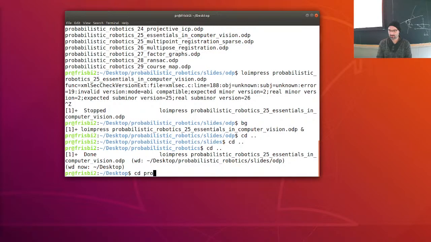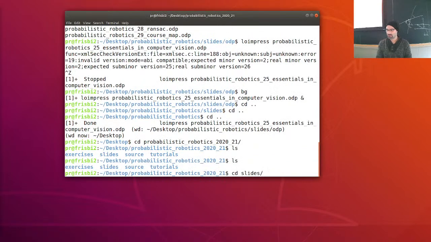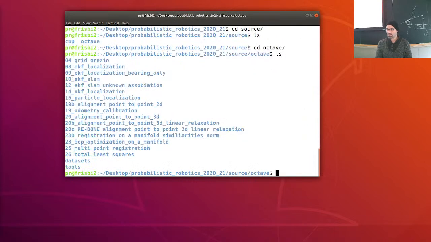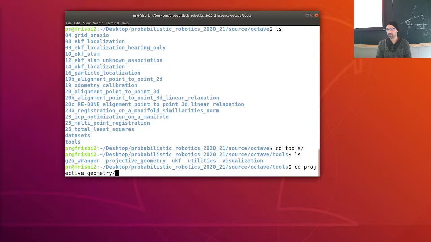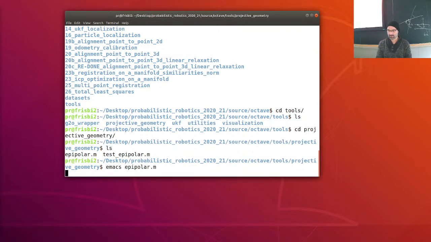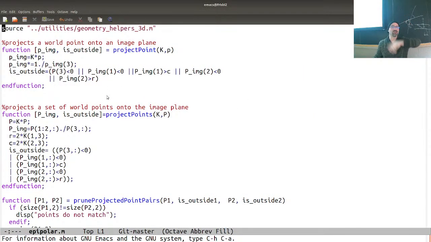Octave. You have an entire thing. Here I implemented a simplistic version of all these routines that we have seen, implemented for fun, okay?